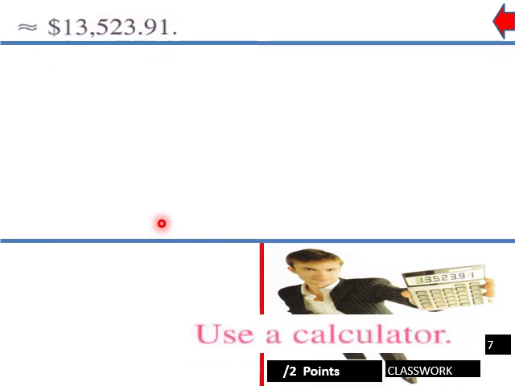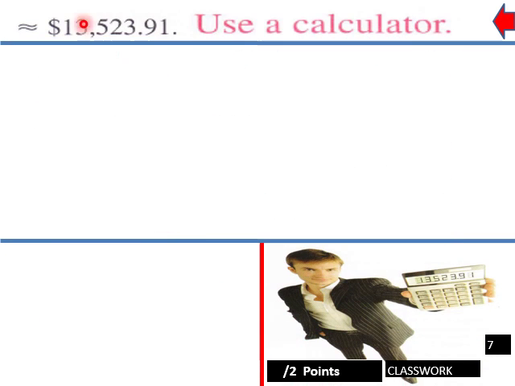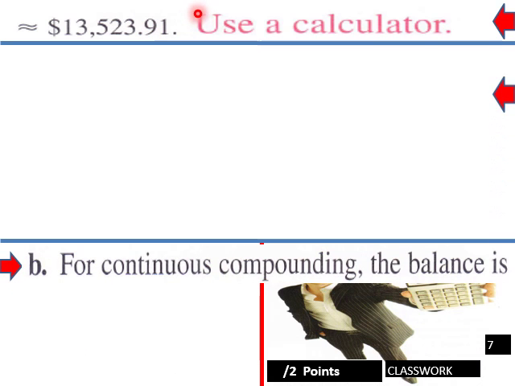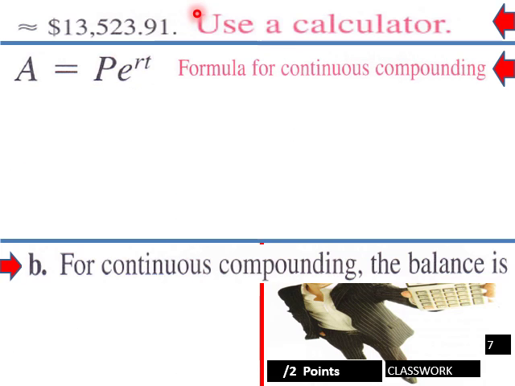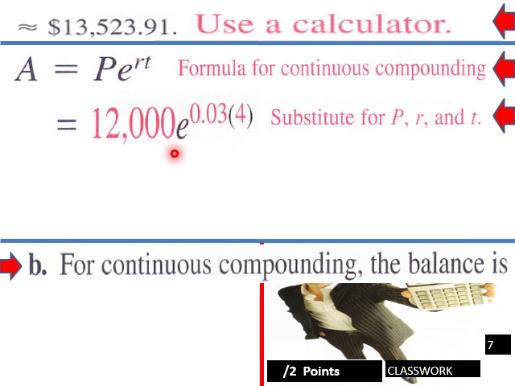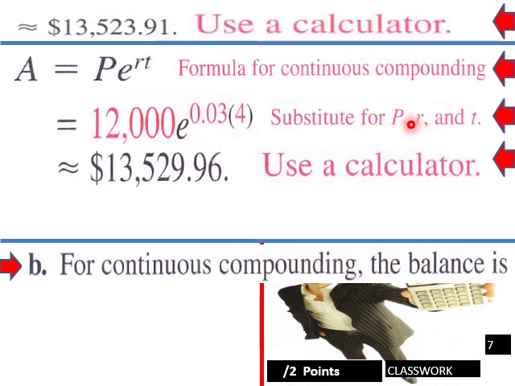So what does that look like when we grind the numbers here? We get 13,523.91 using a calculator. And then for continuous compounding, let's see what that would be. So 12,000 e to the 0.03 times 4, substitute P, r, and t, and then we get 13,529.